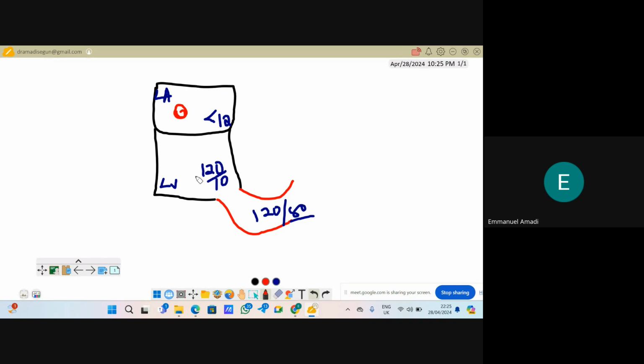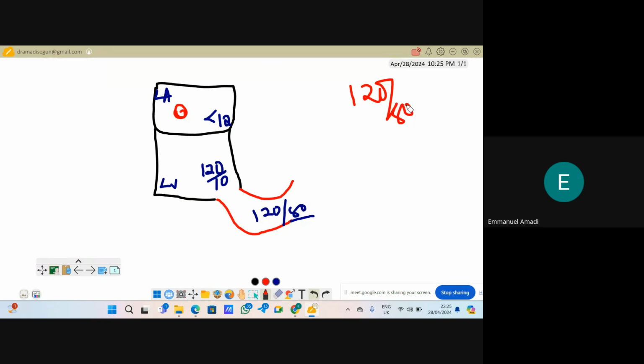Now, look at what happened at the end of systole. Systole is ventricular contraction. This blood pressure that is above is what we call systolic blood pressure. Check it now. If you do blood pressure for your patient, most of you that work in a hospital, if you say his blood pressure is 120 over 80, it simply means that his systolic blood pressure is 120, his diastolic is 80.